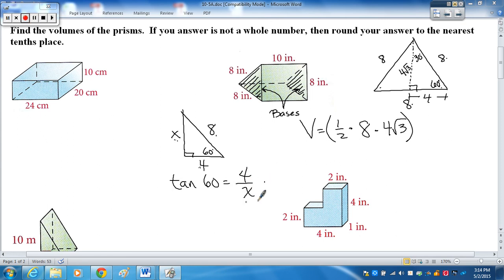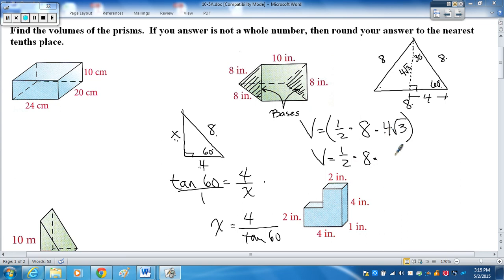Now remember, when the unknown's in the denominator, we can go ahead and cross multiply this, but eventually, remember, it's going to be 4 divided by the tangent of 60, okay? And so as a result, I could actually use this volume equals 1/2 the base times the height.